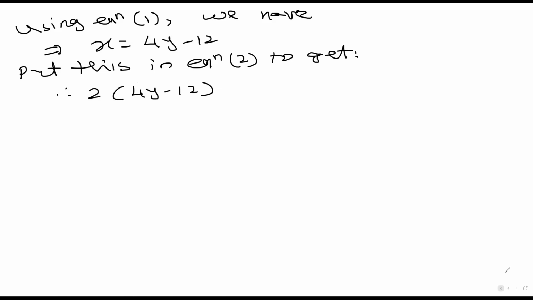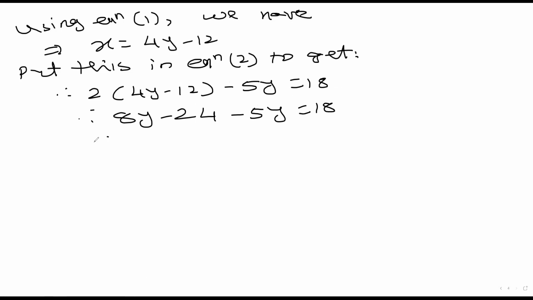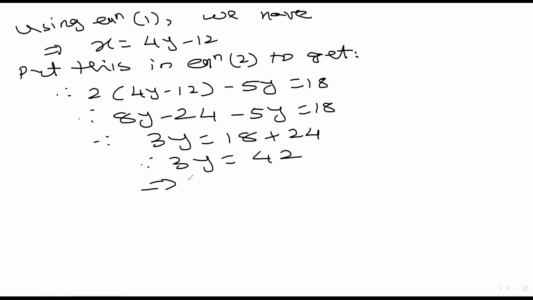Minus 5y is equal to 18. So you get 8y minus 24 minus 5y is equal to 18. You get 8y minus 5y is 3y is equal to 18 plus 24, right? So you get 3y is equal to 42. This means y is equal to 42 divided by 3, which means y is equal to 14.